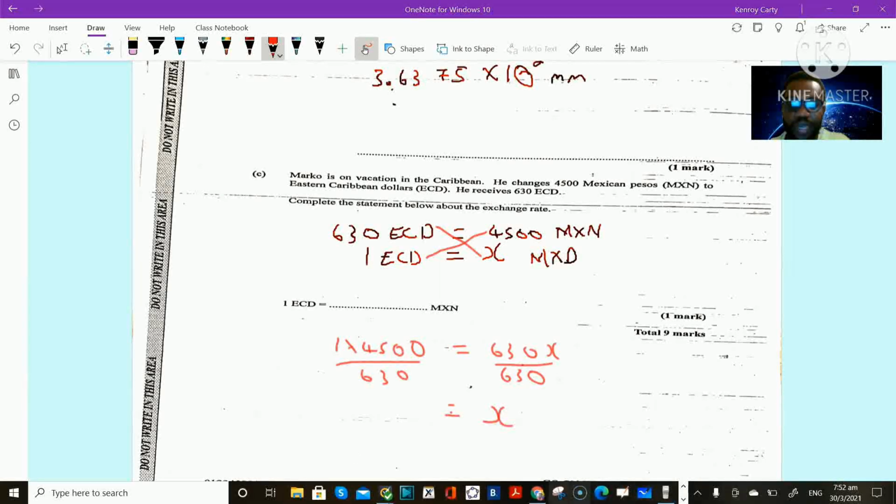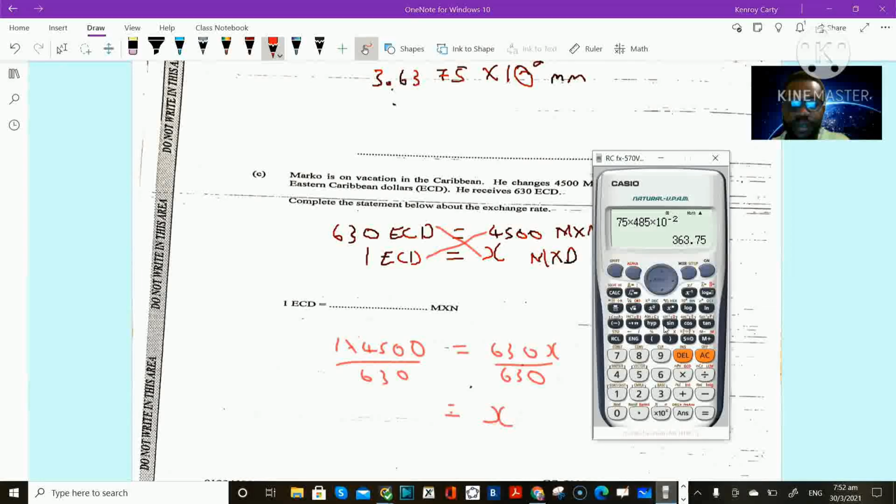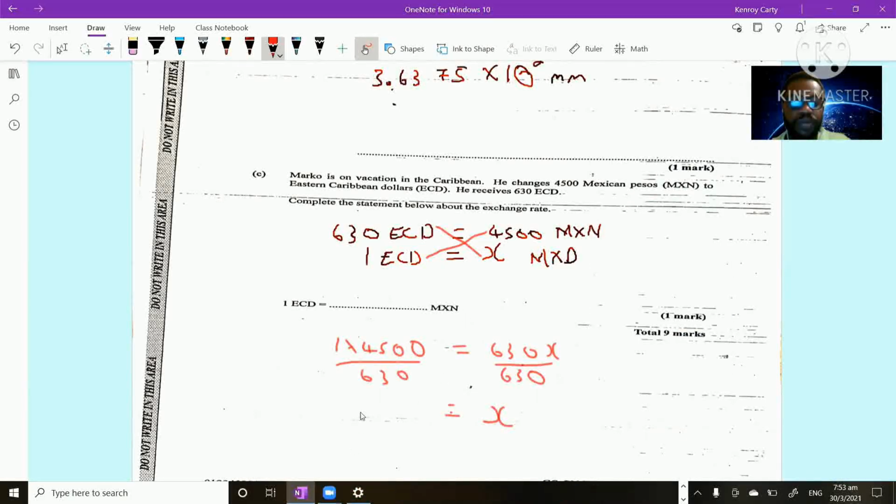Let me just quickly pull up my calculator here. All right, so 4,500 divided by 630 is equal to $7.14.